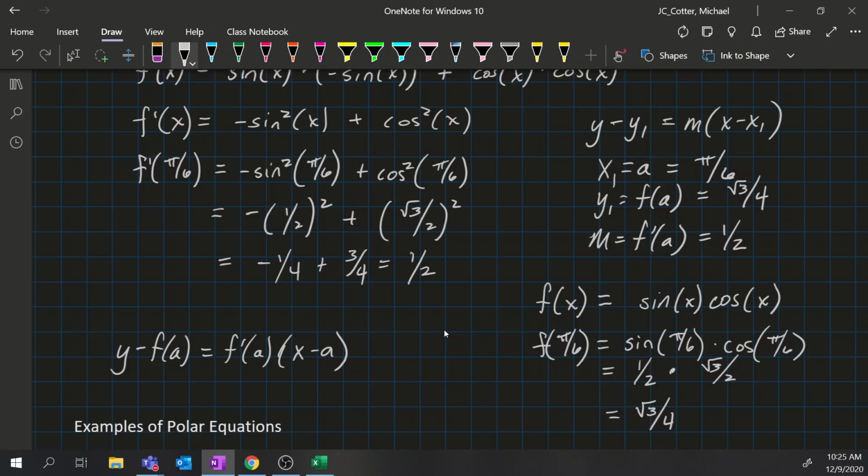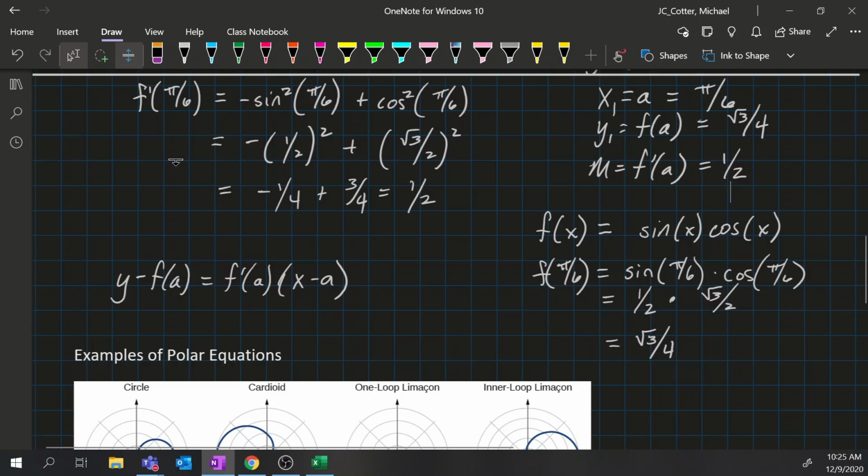Okay, so remember we have those three things for every single one where you need an equation of a tangent line. We have x, which we can also call a, that's pi over 6. We have our y value, which we can also call f of a, and that's root 3 over 4. And we have our derivative at that point, which we can call f prime a, and that's 1/2.